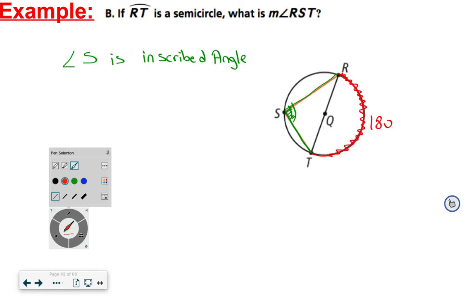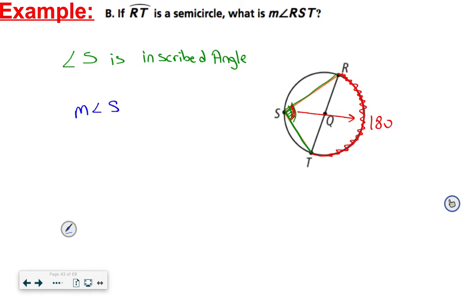Because this inscribed angle sees this arc. So to be able to find the measure of angle S, we need to get half of the intercepted arc RT. The measure of arc RT is 180 divided by 2, which is equal to 90. So measure angle S is 90.